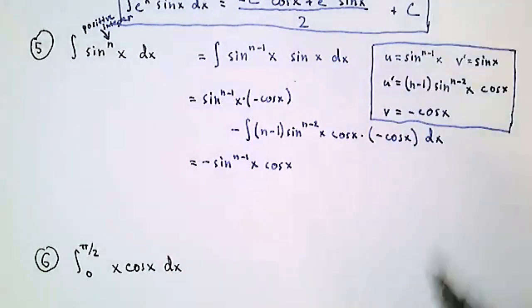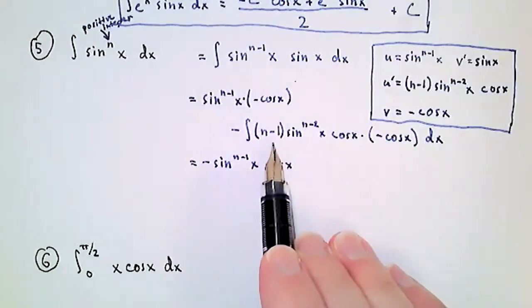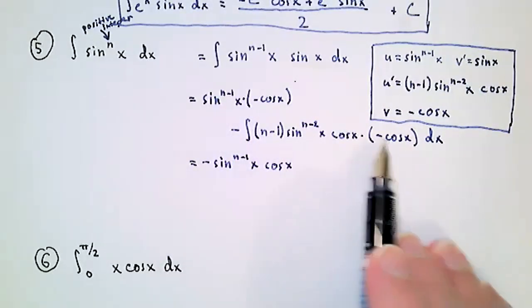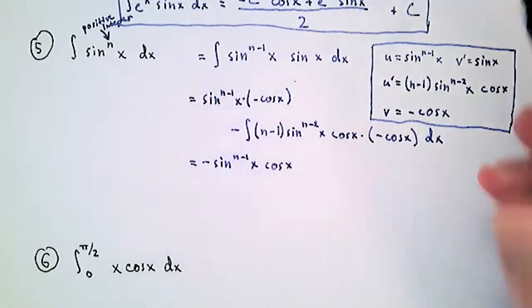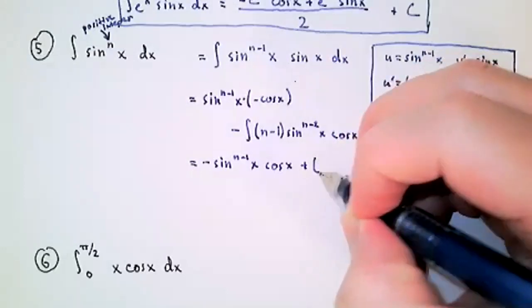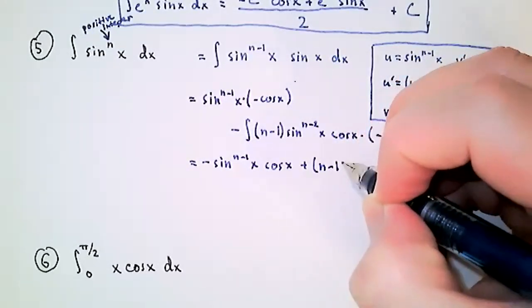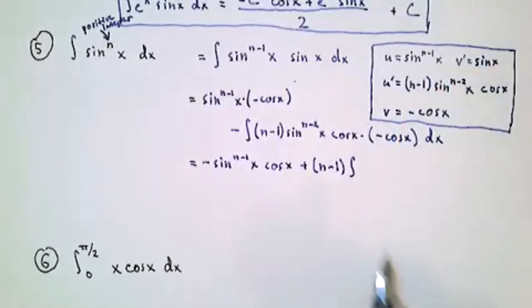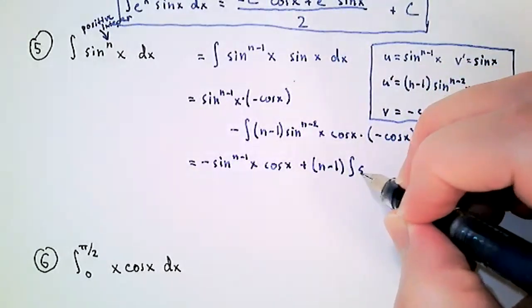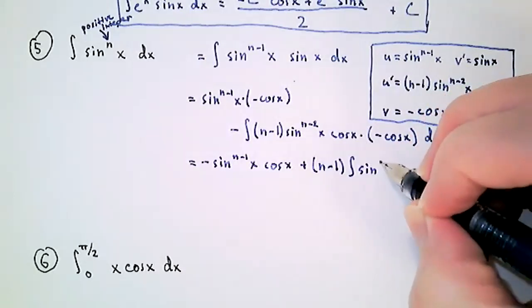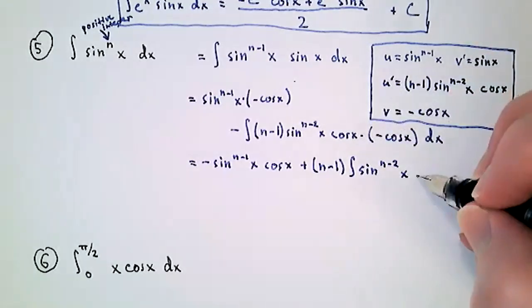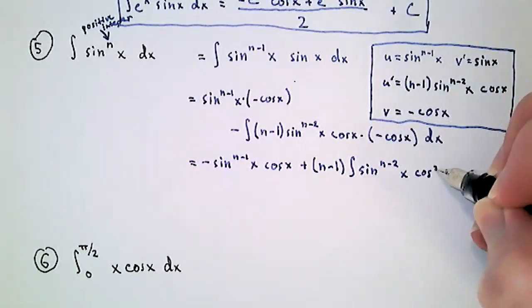And then we have this constant here that we'll want to pull out. We also have a minus sign, so these two minus signs will cancel. So we'll end up with a plus n minus 1, and then what's left in the integral, which is sine to the n minus 2 of x, and then 2 cosines, so that's a cosine squared.